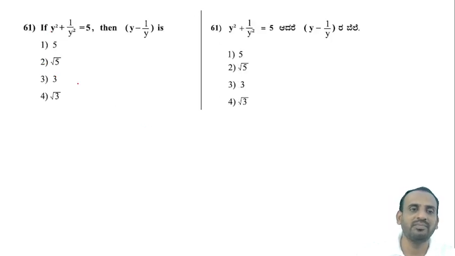Okay. Next one, 61. If y square plus 1 by y square is equal to 5, then y minus 1 by y. Okay. Now we need to find out this value. So let us use this identity. Since we have minus, we will use this identity.